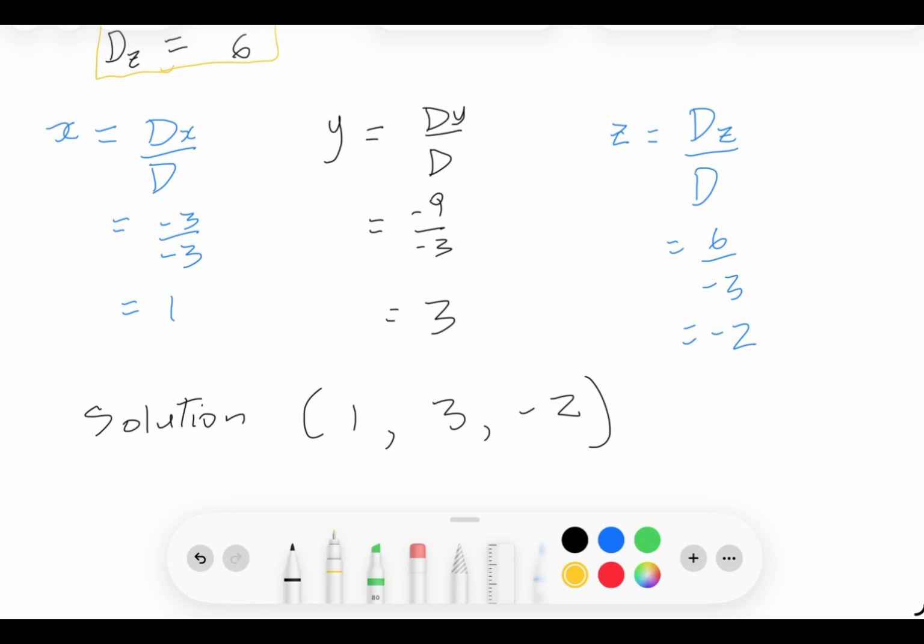So that's equal to 3. So y equals 3. And z is equal to dz over d. That's going to be equal to 6 over -3. That's equal to -2. So our solution then is 1, 3 and -2 for the x, y, and z coordinates.